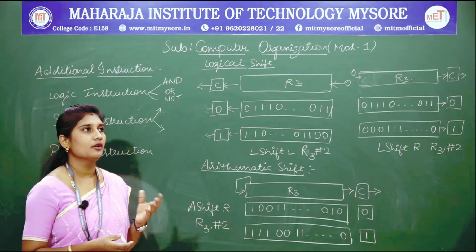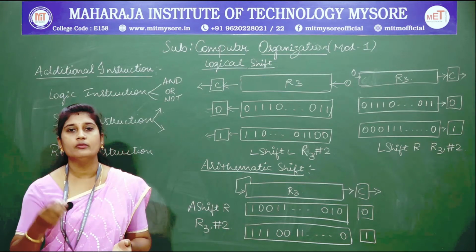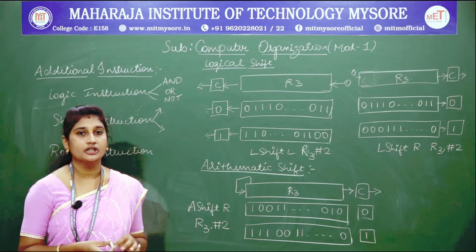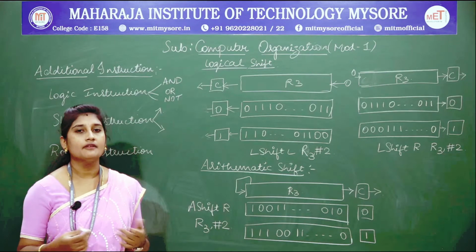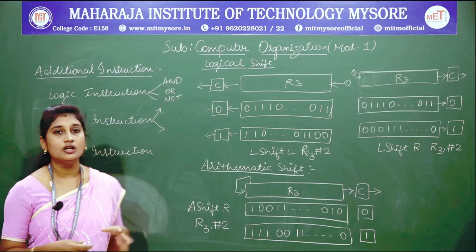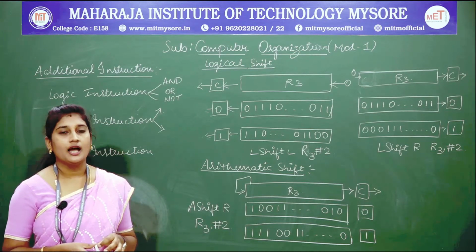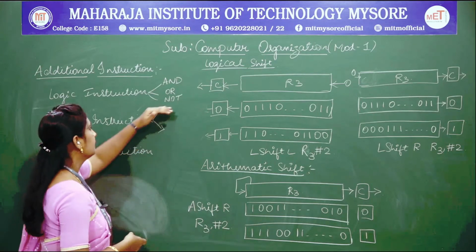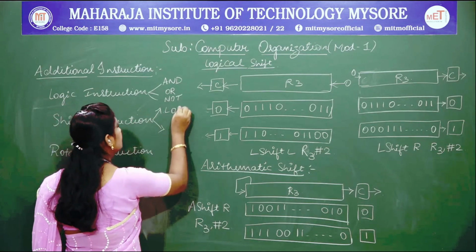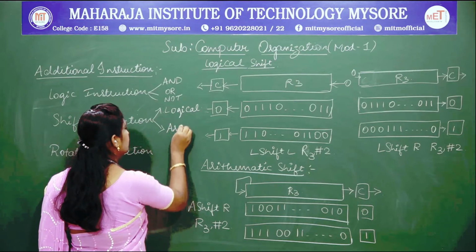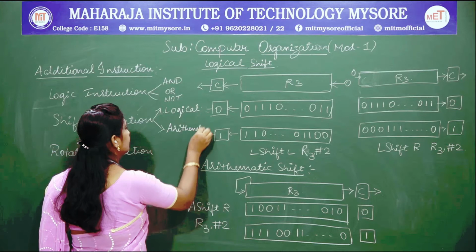Suppose I want my operand to shift 2 bit positions towards the left or 2 bit positions towards the right, then I will use the instruction called the shift instruction. Again, in shift instructions there are two types of variations: the first variation is logical shift and the second variation is arithmetic shift.